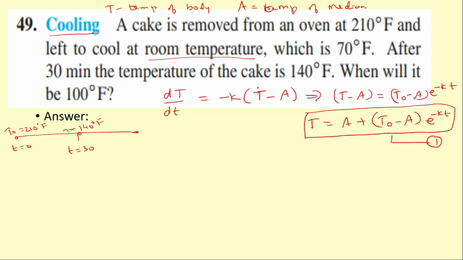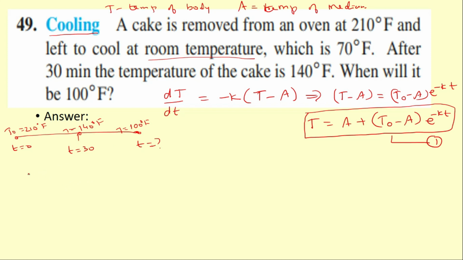And the question is, when will it be 100 F? Then what is t? That's the question. Use the first two pieces of information to find the k value and use k and this temperature of the body T in equation number 1 to find out the small t value, time. At what time will it be 100 Fahrenheit, right?